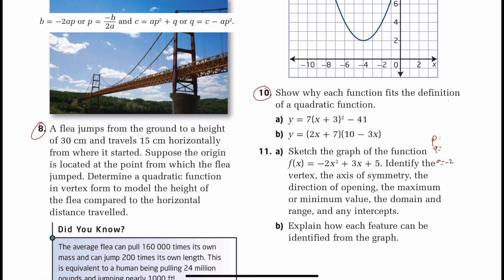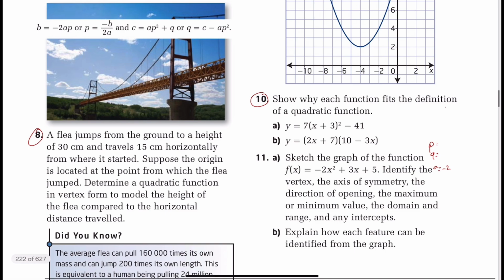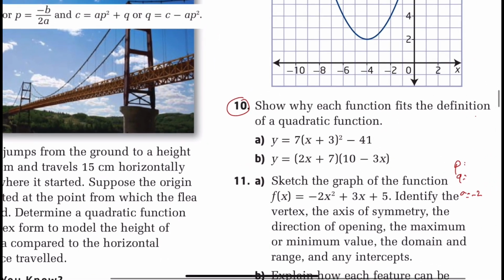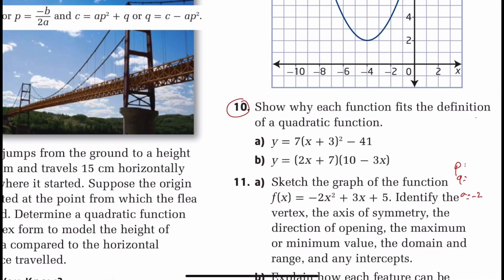This is your B. So this is your P, minus B over 2A, and Q is this. So I will just apply my equation.